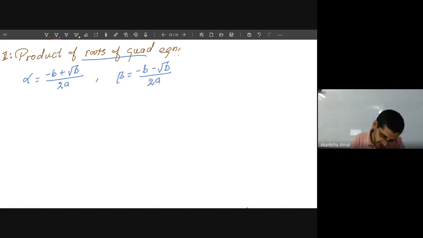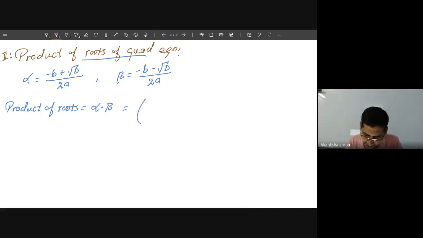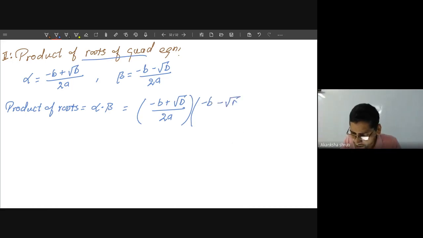Students, what do we mean by the product of roots? Roots are alpha and beta, so it simply means alpha into beta. Substitute alpha, minus b plus under root of D divided by 2a, and the other one, minus b minus under root of D by 2a.